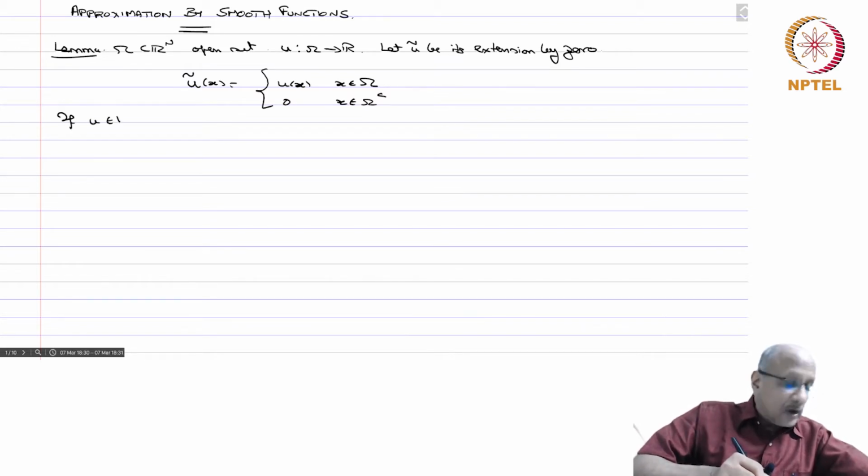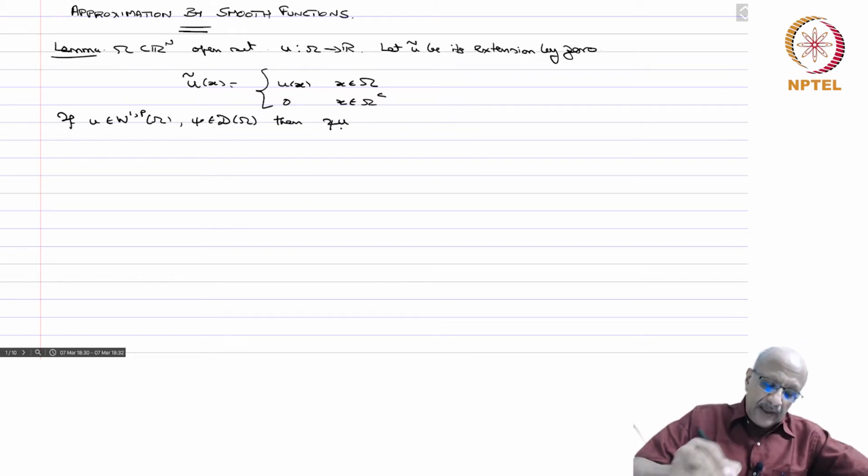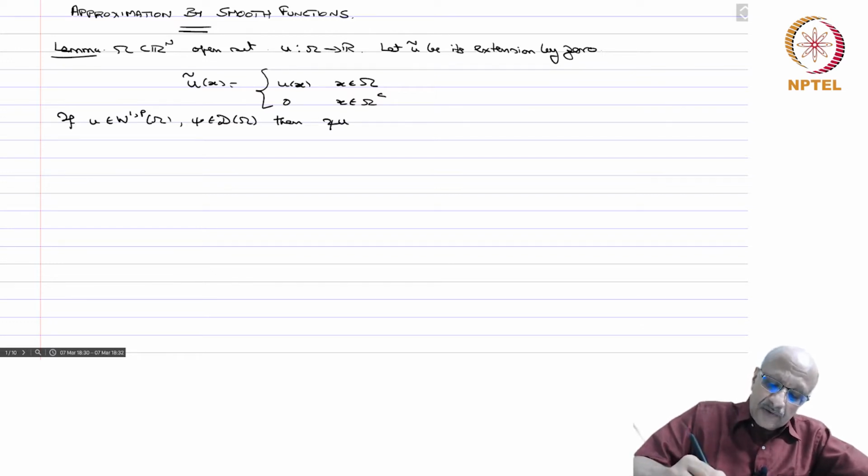So if u belongs to W^{1,p}(omega) and psi belongs to D(omega), then psi u tilde, so you multiply u by psi, a C infinity function with compact support, and now you extend it by 0, happens to be in W^{1,p}(R^n).